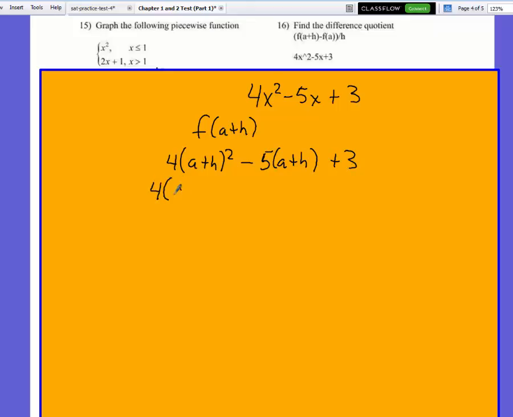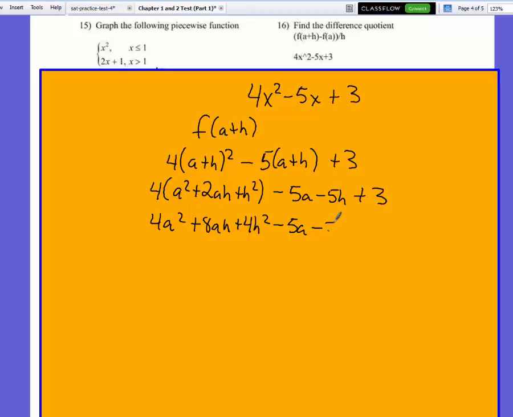So that's going to give me 4 times a squared plus 2ah plus h squared minus 5a minus 5h plus 3. So that's going to give me 4a squared plus 8ah plus 4h squared minus 5a minus 5h plus 3.